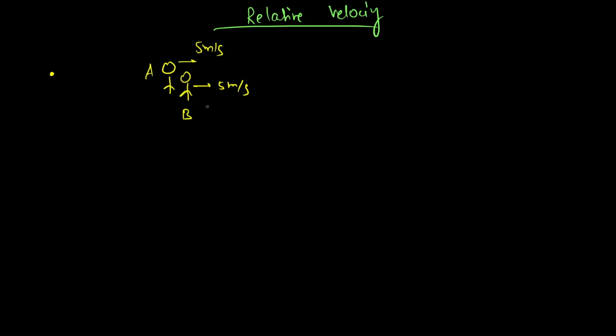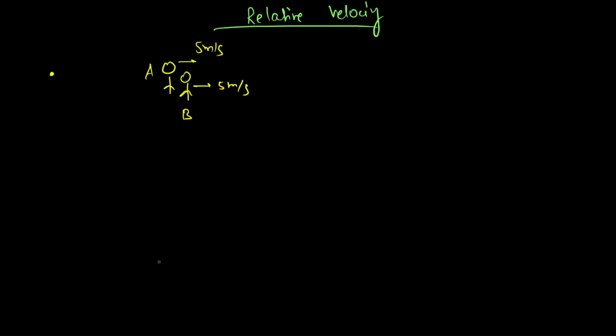Relative velocity means finding an object's velocity with respect to another object which is also moving in some direction. This is the simplest case, when A and B are moving along the same track towards the same side with the same velocity, so their relative velocity with respect to each other is zero.